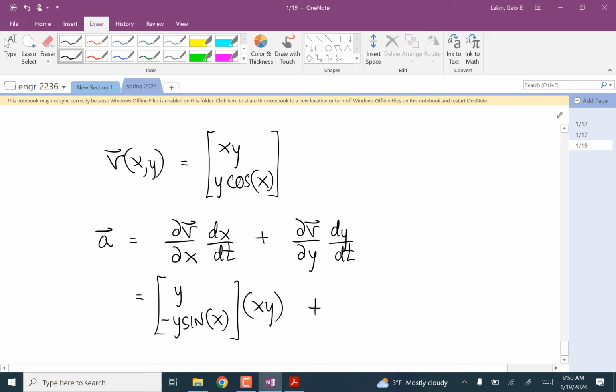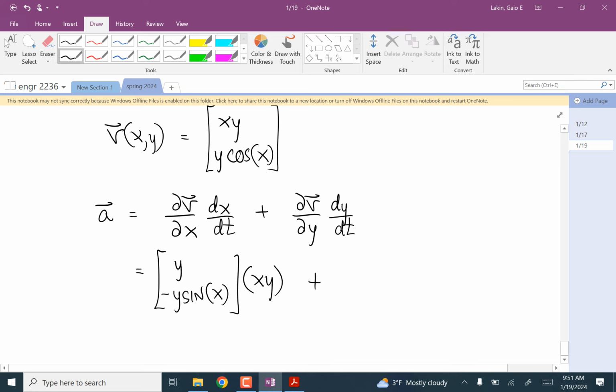And then you'd add that to dv/dy. This would be x cosine x. You'd multiply that by y cosine of x. Multiply that out and add them, and that's your acceleration. But we're not going to do that because we're not doing any partial derivatives or anything.